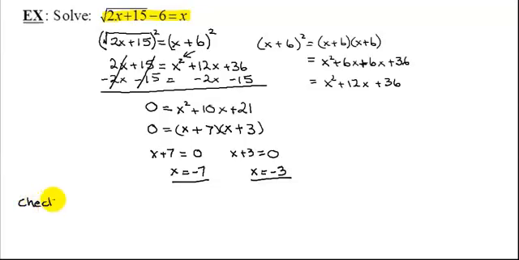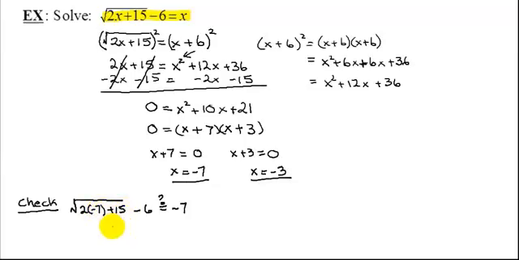So we take our solutions, x equals negative 7 and negative 3, and plug them into this x and this x, and see if we get a true statement. Let's check our first solution, negative 7: is 2 times negative 7 plus 15, minus 6, equal to x, which was negative 7? 2 times negative 7 is negative 14.